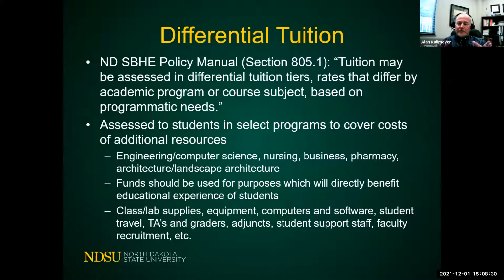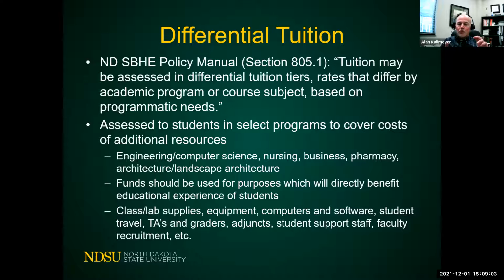Based on the state board policy, it's really left very wide open on how those funds may be used. And so different programs have a different view of it. I've always taken the theory that since this is money that's paid directly by students enrolled in your program, however you spend it should be benefiting the educational experience of the students.